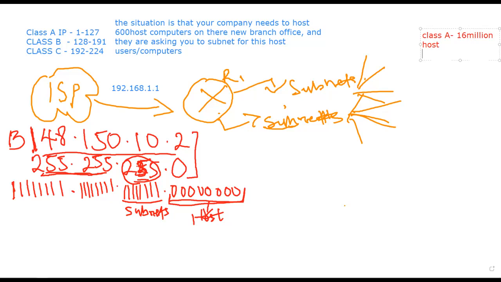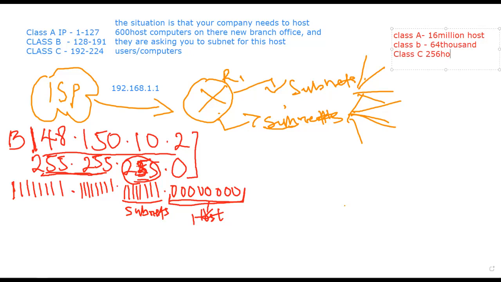Let's bring it a little further. Now we want to have this basic knowledge. A class B can host up to 64,000, and a class C can host just 256, or rather 254 hosts.